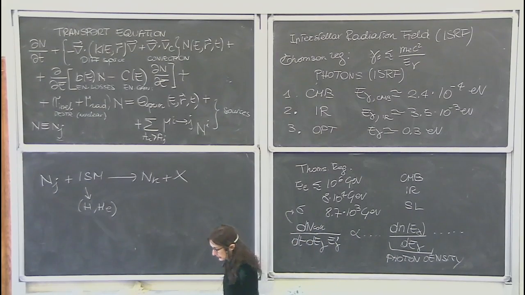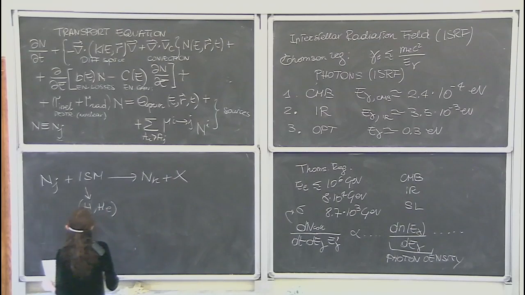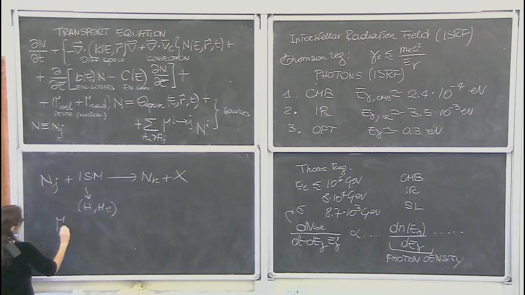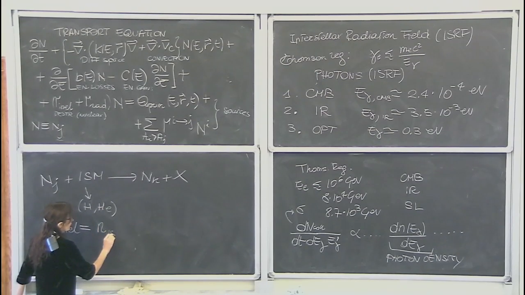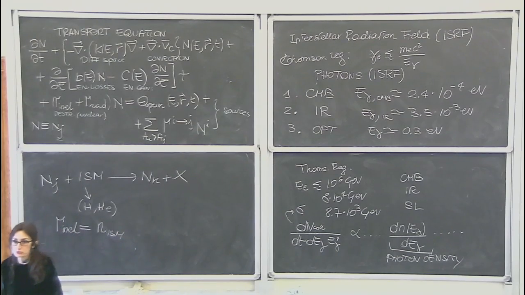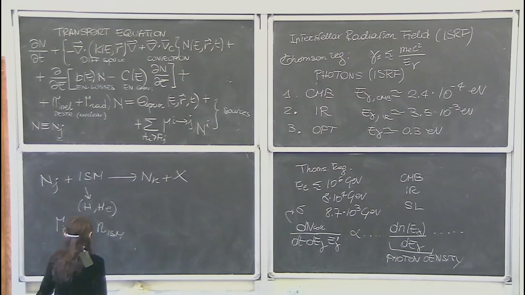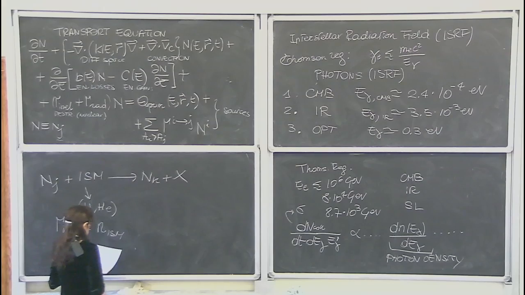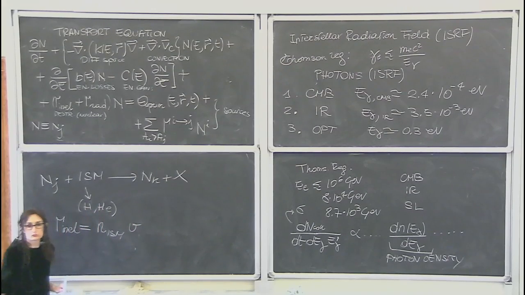And the destruction term, which is in the diffusion equation, which I call gamma for inelastic scattering, again, is a mixture of information on the interstellar medium. This is the density of the interstellar medium. And again, you have to have a map of hydrogen and helium, or at least an average value. The speed of the particle, well, since you compute it, it is easy. It's an input of your code.